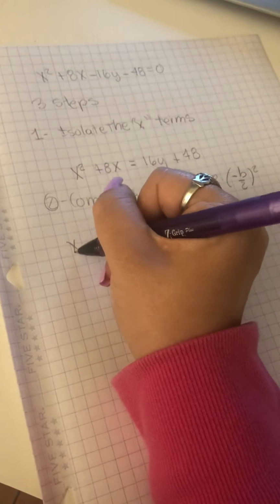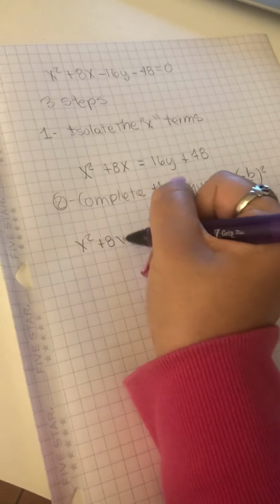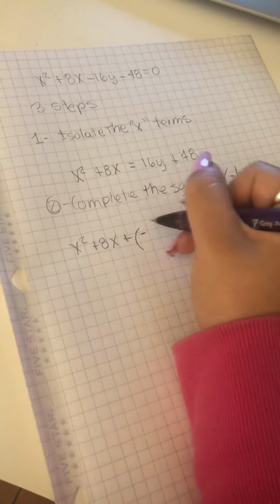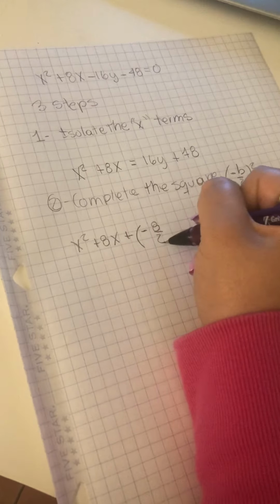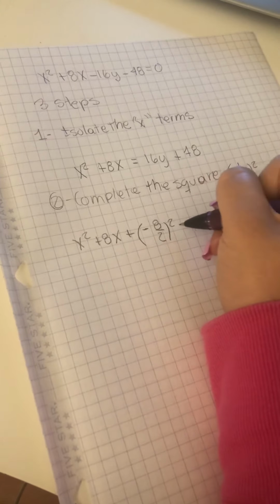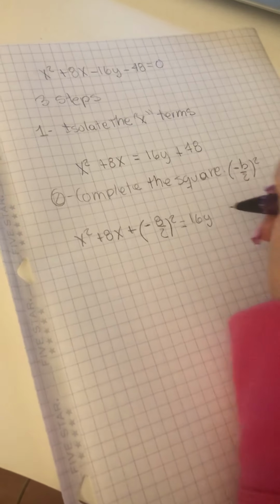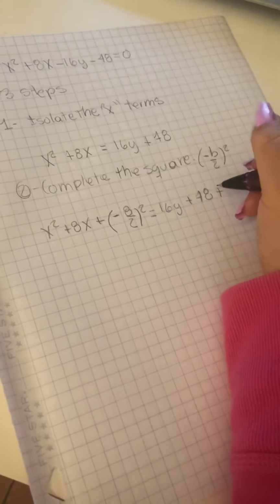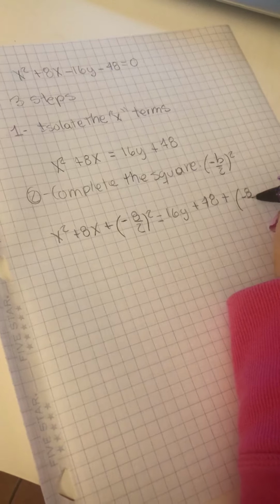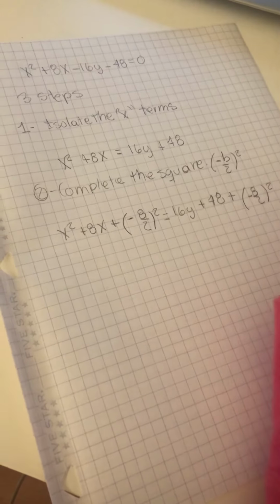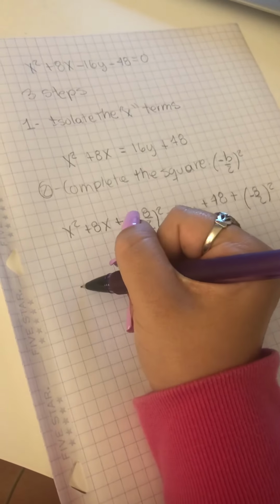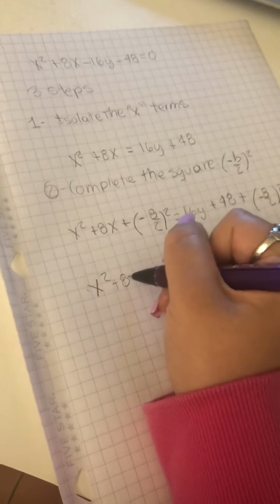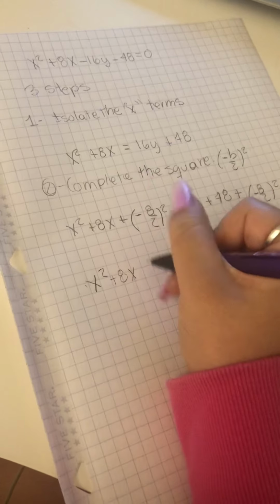It will be x squared plus 8x plus negative 8 over 2, squared, equals 16y plus 48 plus negative 8 over 2, squared.